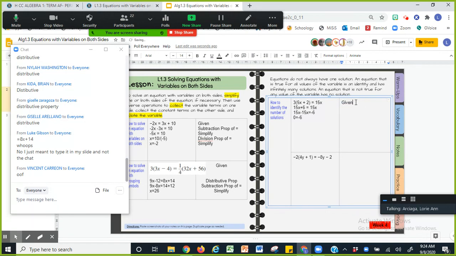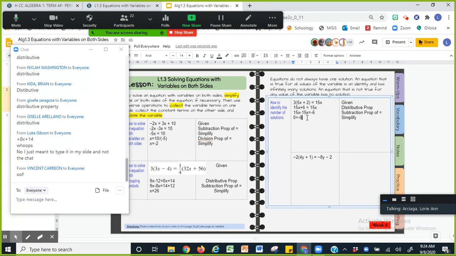I'm pretty sure that we solved it correctly. We distributed, distributive property. And then after that, we subtracted 15x from both sides, subtraction property of equality. And then we collected the like terms or simplified, but we came up with a false statement.